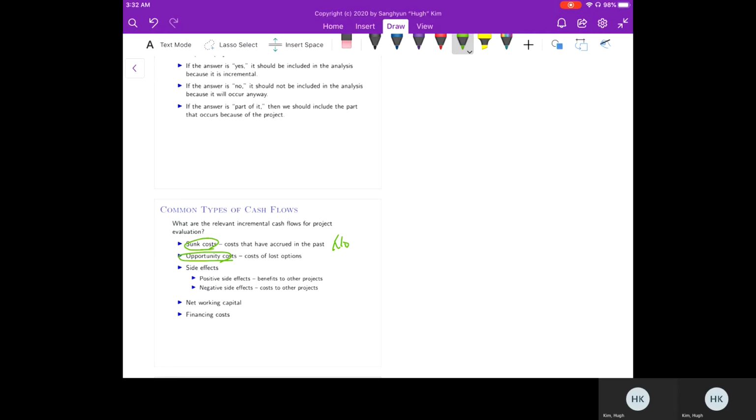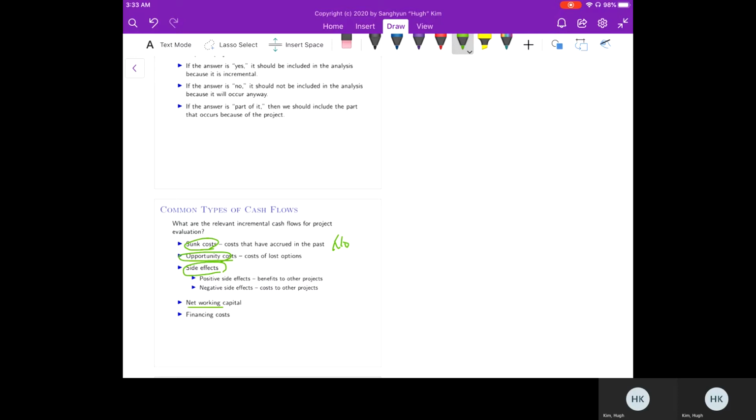Next, there are side effects. The side effects can be positive or negative. A new project can benefit some of your other projects, or it could hurt some of your other projects. Side effects, either way, are all relevant incremental cash flows for capital budgeting analysis.